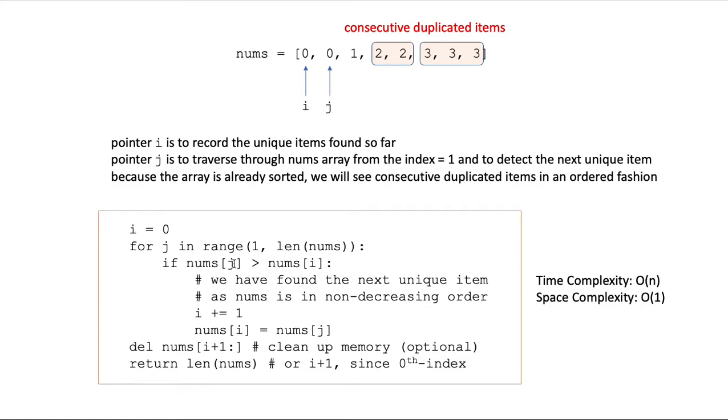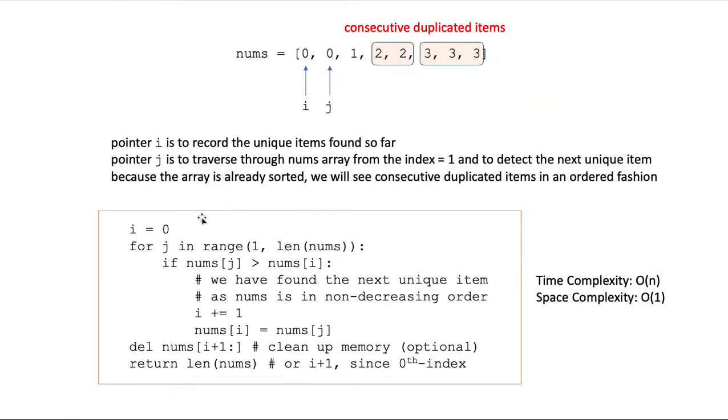So if nums[j] is larger than nums[i], then we have found the next unique item, given that the nums array is in non-decreasing order. And when that happens, we'll move i up one step and write the unique item into nums[i]. So nums[i] is always trailing behind j and records the currently unique item found so far.